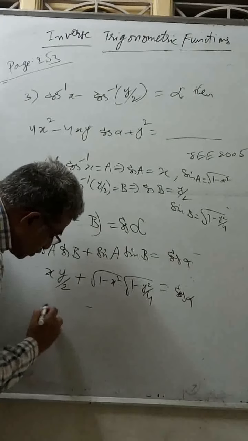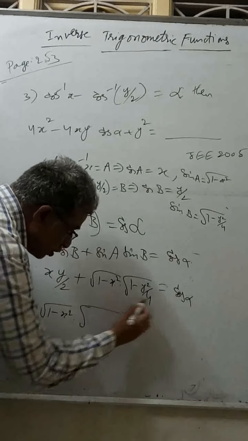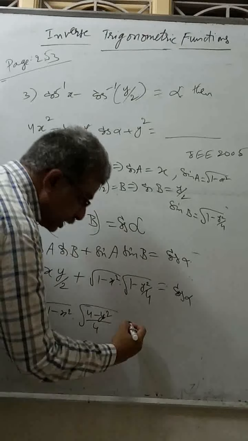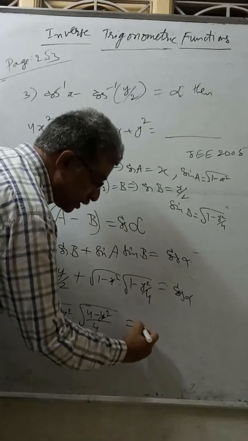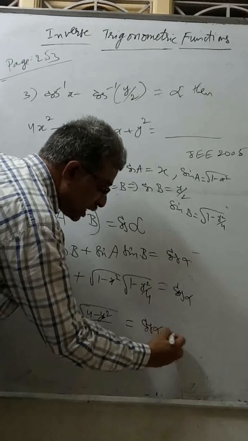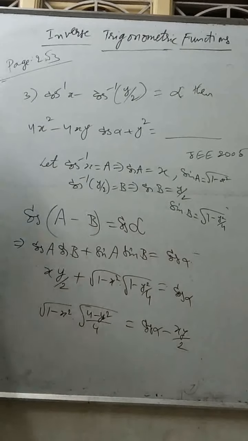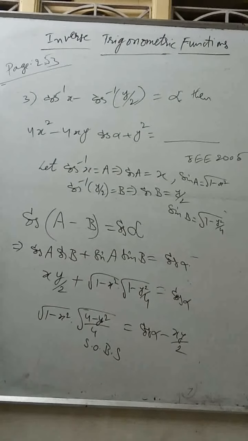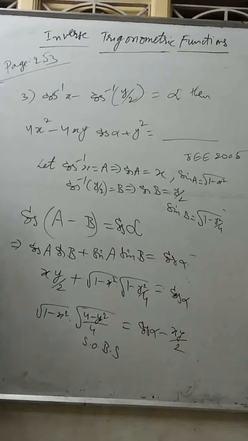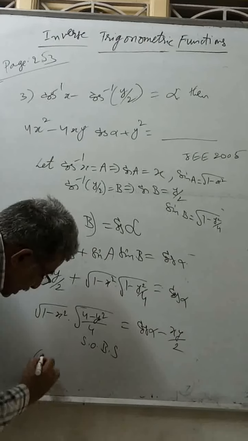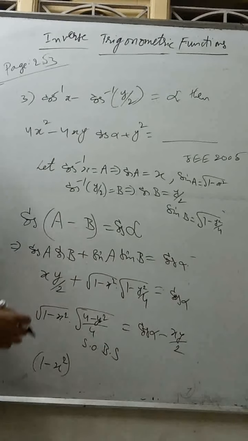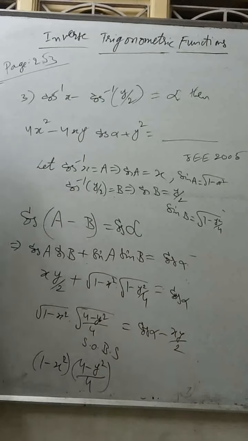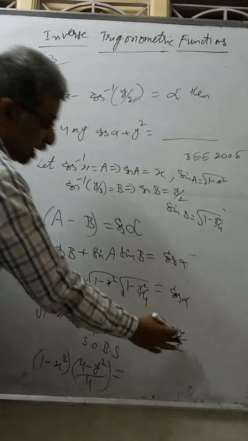This is root of 1 minus x square into root of, if I take 4 LCM, 4 minus y square, equal to, xy by 2 goes to that side, cos alpha minus xy by 2. Now squaring on both sides so that the root will go off, this is 1 minus x square after squaring, and this becomes 4 minus y square by 4 after squaring. So this is the a minus b whole square formula.